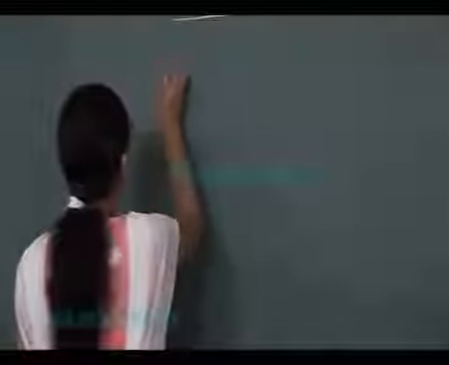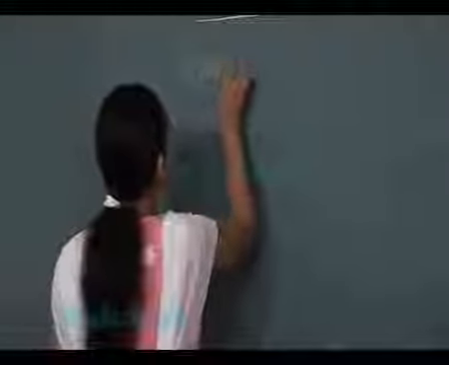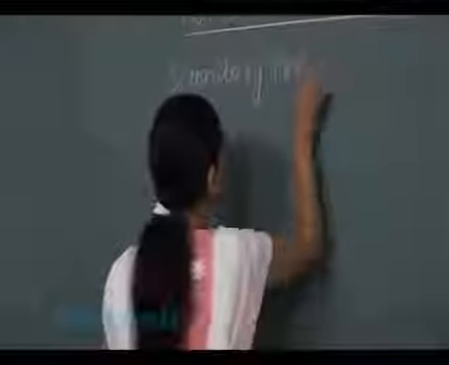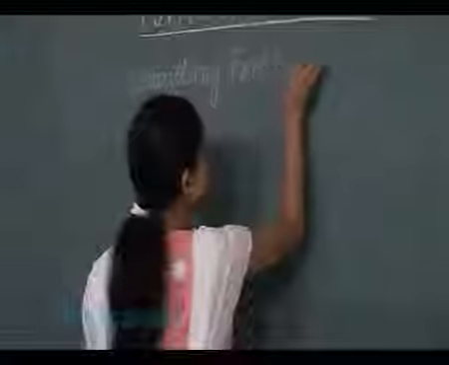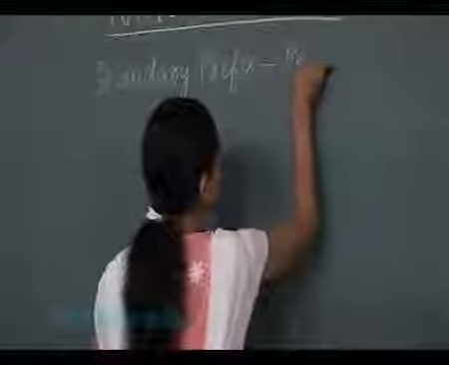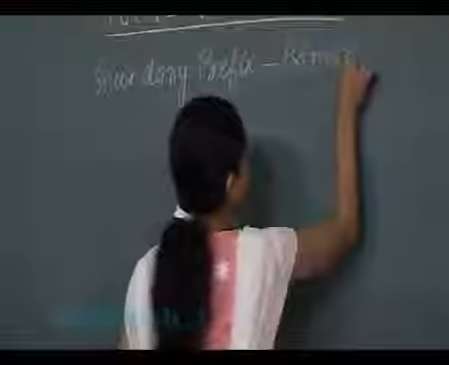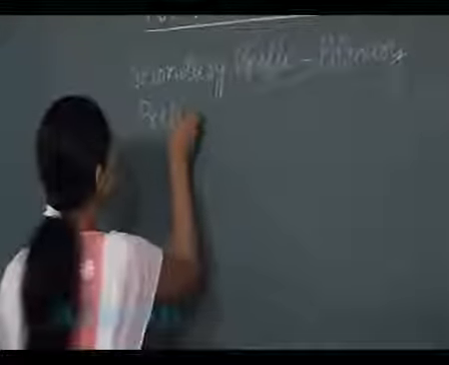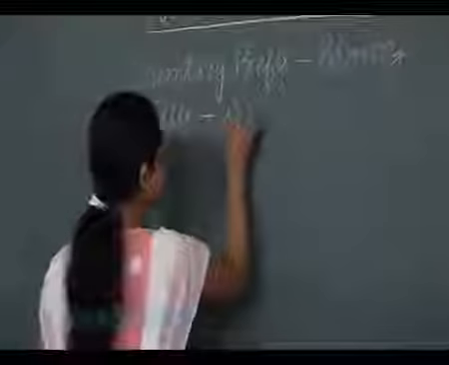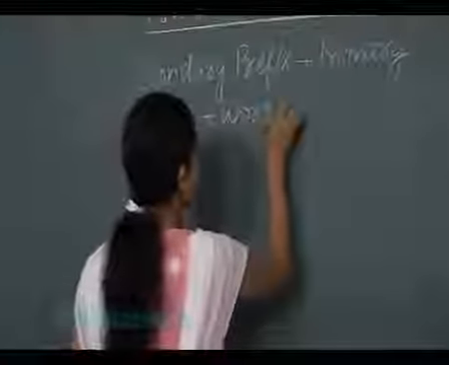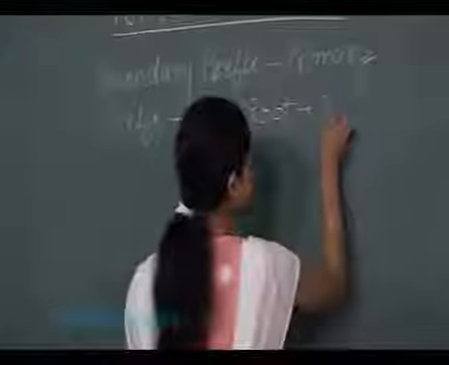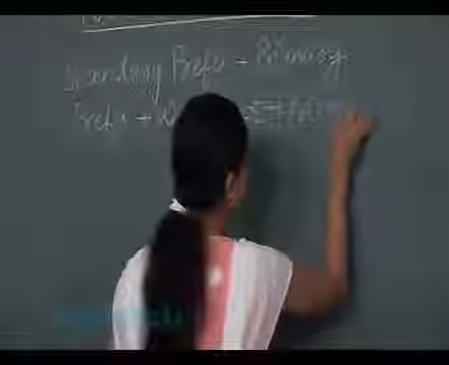Those are secondary prefix, which is written before the name, plus primary prefix. This was the second part, plus word root. Then we have primary suffix.